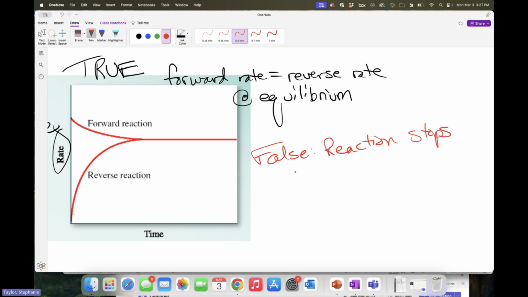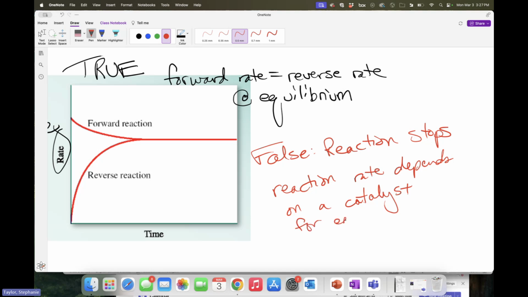A false statement being something like the reaction rate depends on a catalyst, which is false for equilibrium, because we don't care about catalysts in equilibrium.